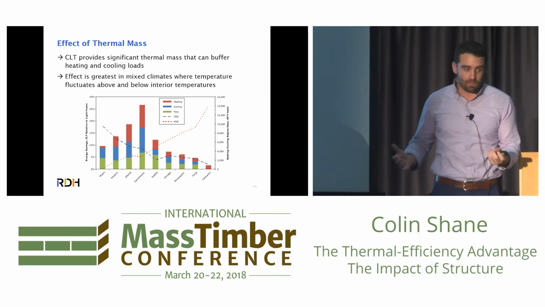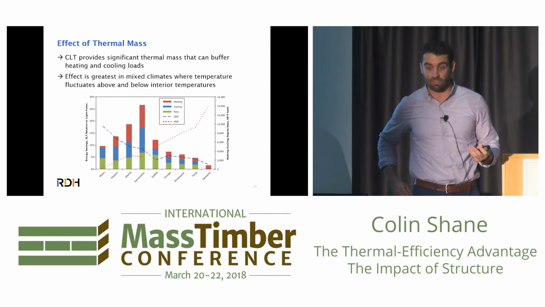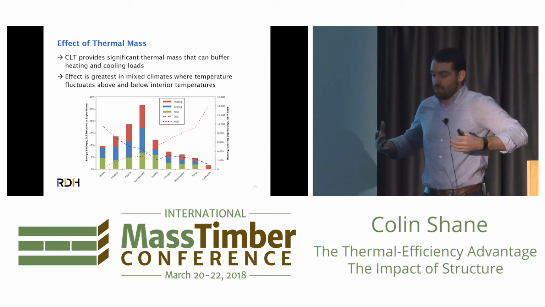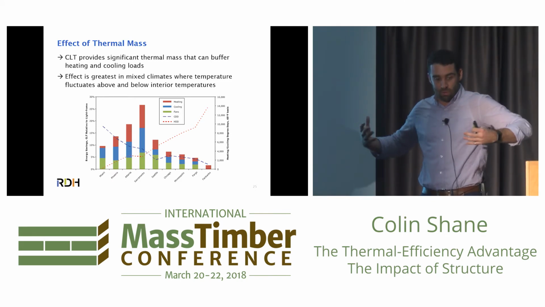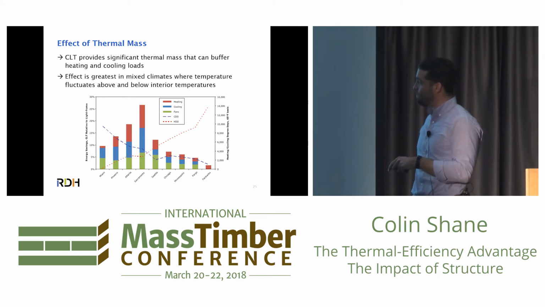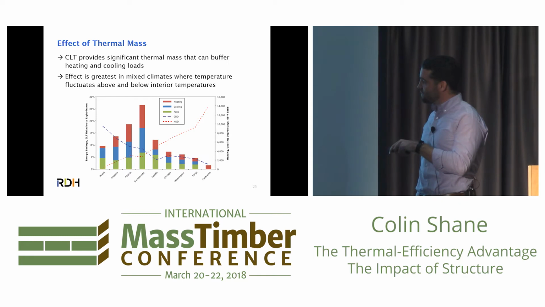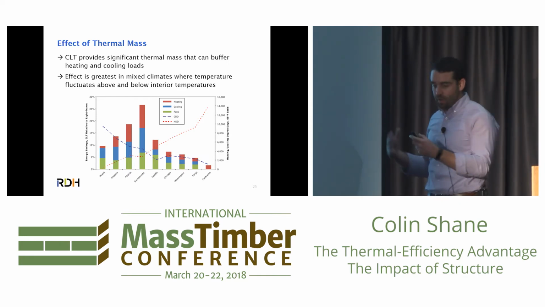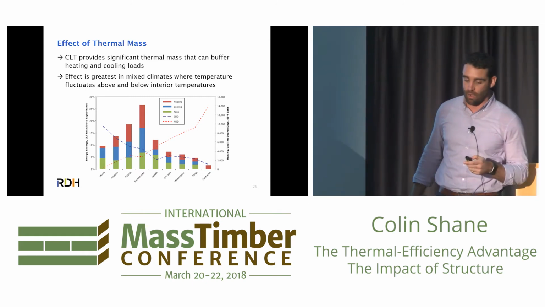So if you compare that to light gauge framing, steel stud construction, for instance, which is common, the effect that CLT, the storage of that heat that it can store and release slowly over time, has on overall energy efficiency, so energy savings of CLT compared to light framing, it varies by climate, it varies by a whole bunch of variables.